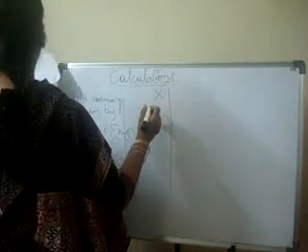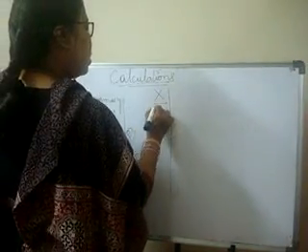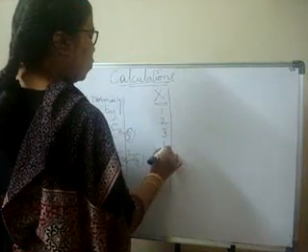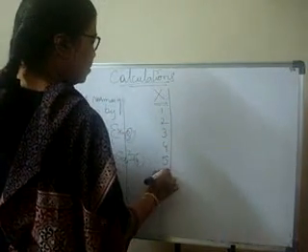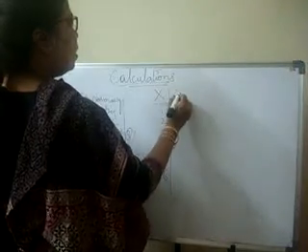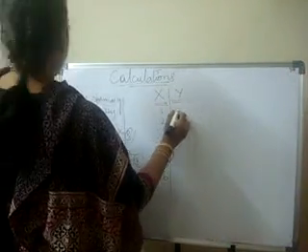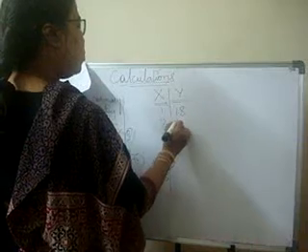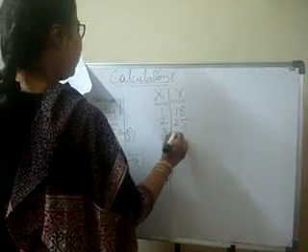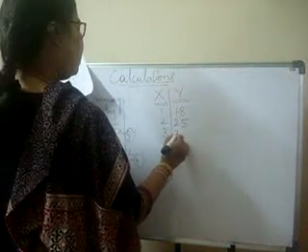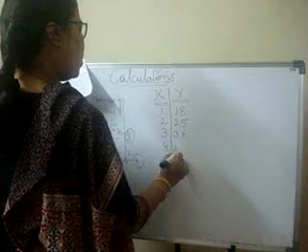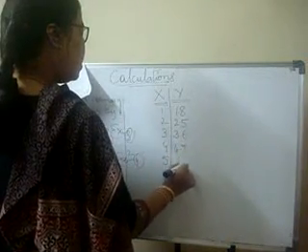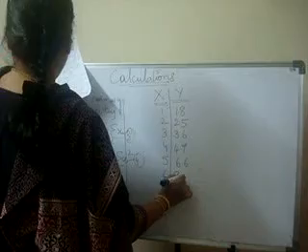What are the x values given? 1, 2, 3, 4, 5, 6. Y values: 1.8, 2.5, 3.6, 4.7, 6.6 and 9.1.